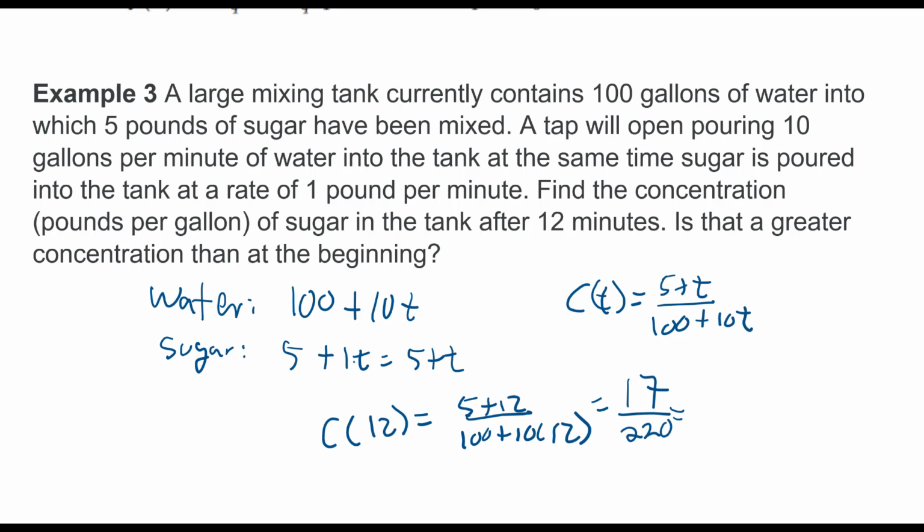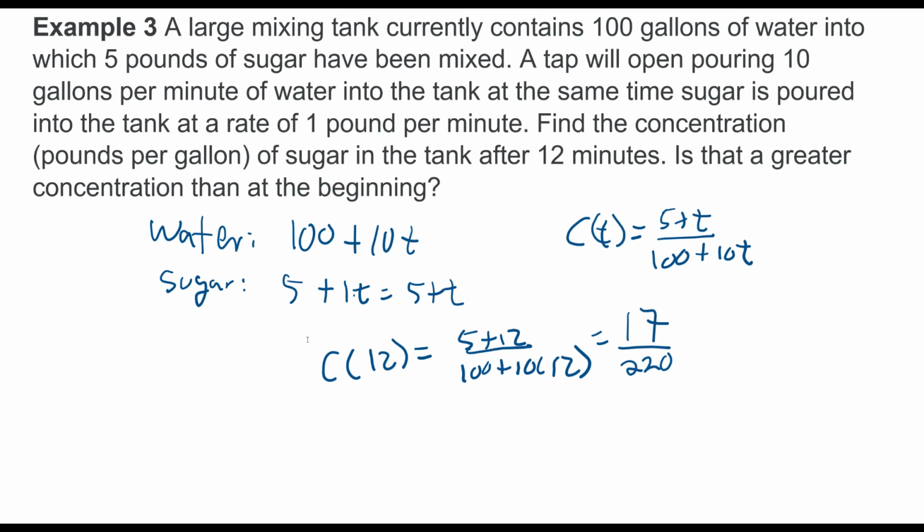And that's not going to reduce because 17 is prime. What was our initial concentration? So at time t equals 0, we had basically 5 over 100, which is 1 over 20.